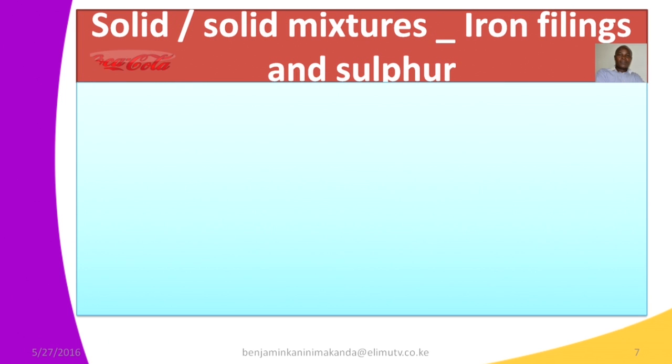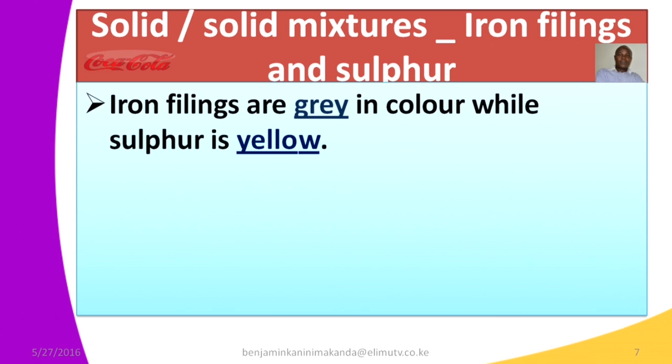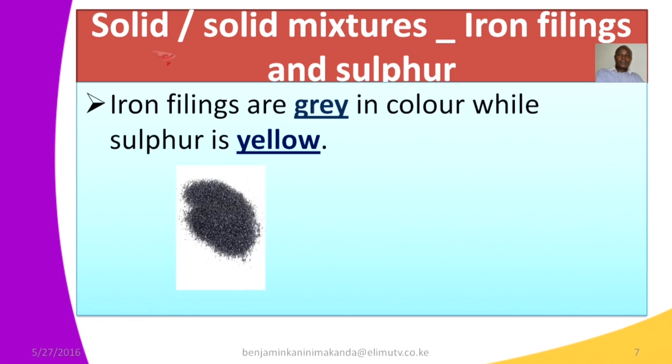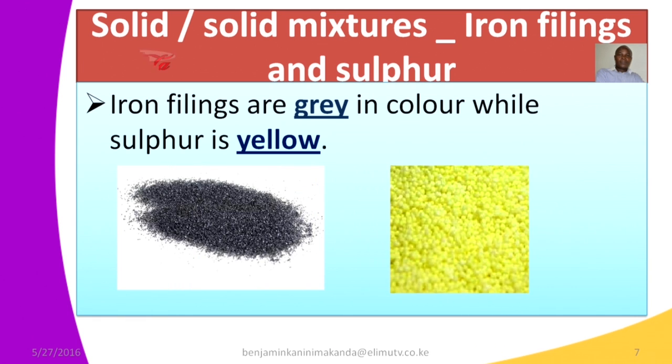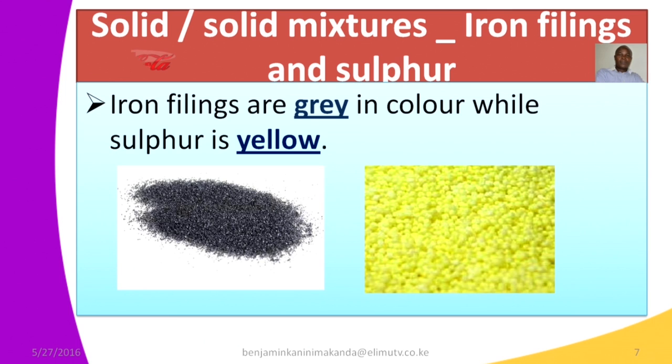When you mix them, you are able to distinguish between iron filings and sulfur. To the left, we have iron filings that are gray, then we have sulfur. These give us an example of solid mixtures.